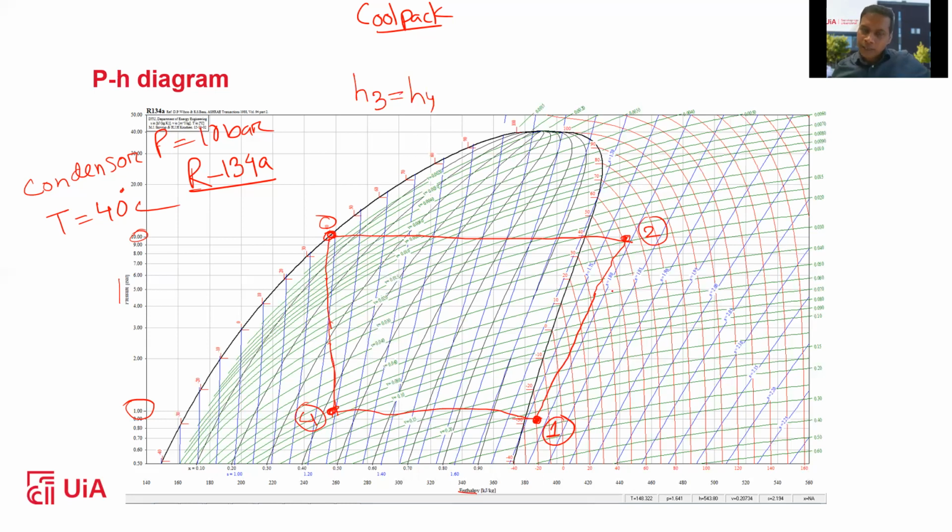Again, for your understanding, 1 to 2 is known as the compressor work. Then 2 to 3 is known as the condenser work. Then this is for the expansion valve, and this 4 to 1 is known as the evaporation work.